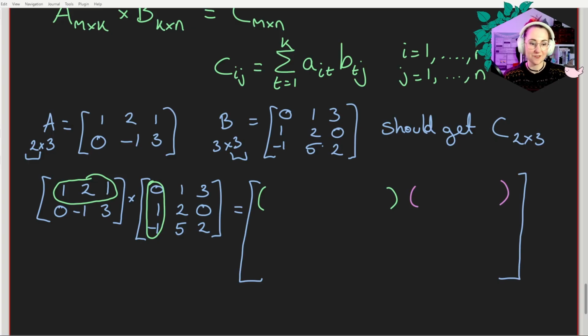It's going to be the first row of A and the second column. And then quickly move the brackets and pretend you saw nothing.